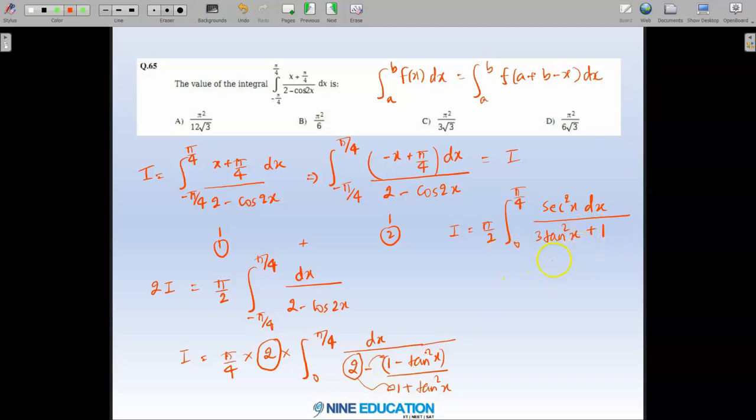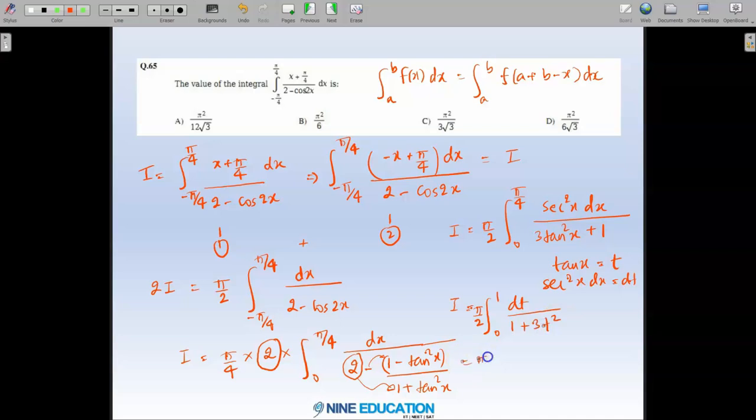So now I can substitute tan x equal to t. Secant square x dx will be equal to dt. So the integral limits 0 to pi by 4 will change to 0 to 1. Pi by 2 is still outside here, and this is dt by 1 plus 3t square.